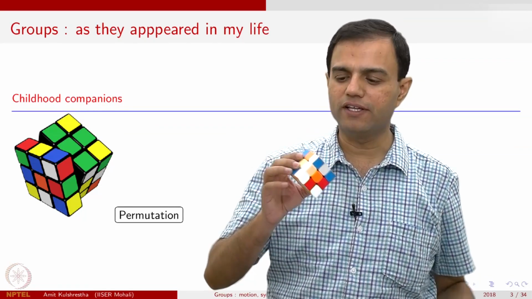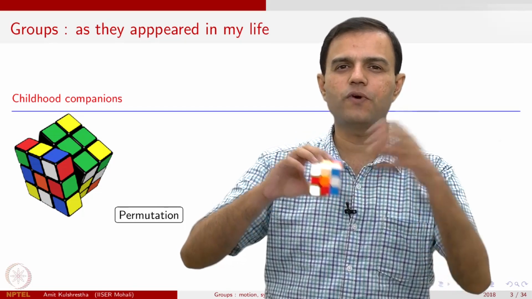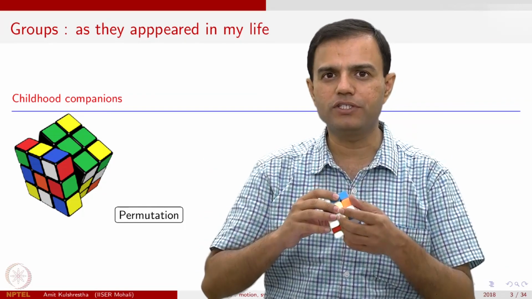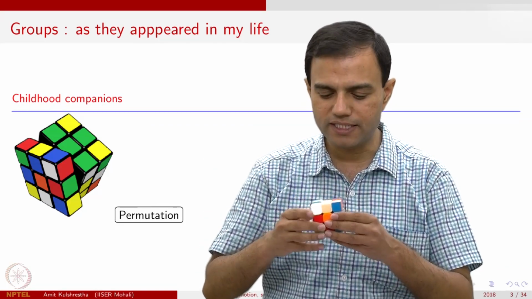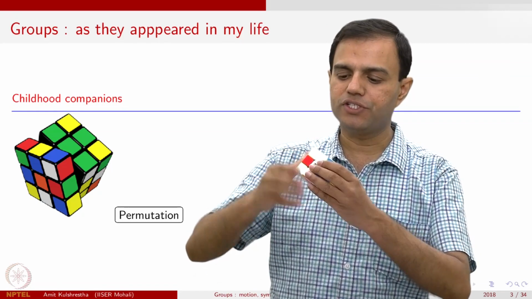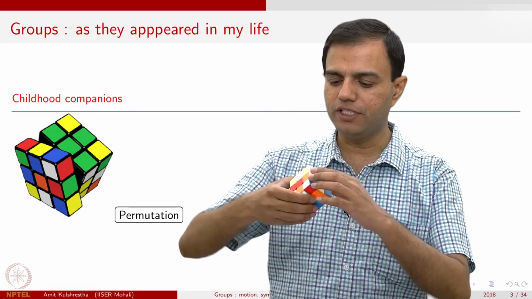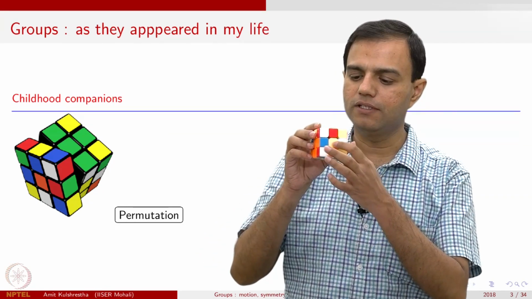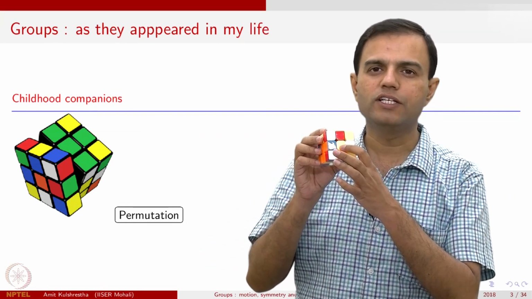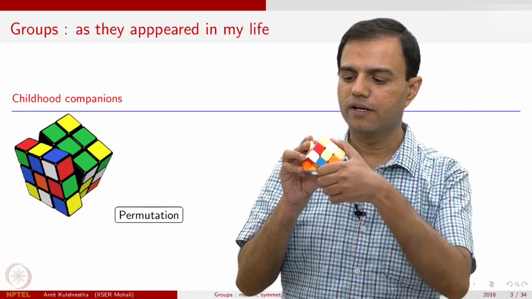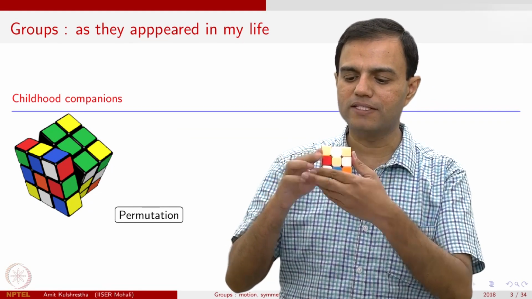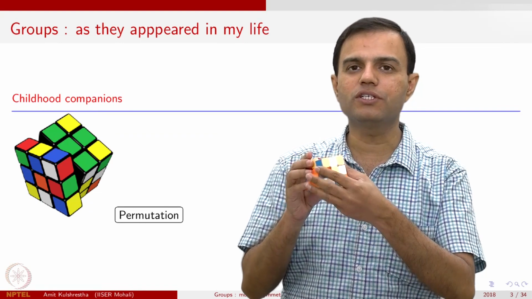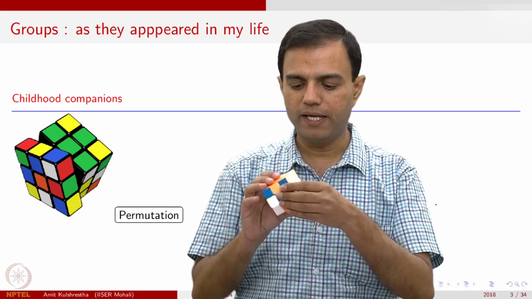It's not that these small cubes are just falling apart and any kind of permutation is happening. No, it's not the case. There are some rules by which these permutations can happen. For example, if you take this one, the yellow middle one is not going to move at all, right? It remains exactly at the same place. So there is some restriction to the permutation that we have here.